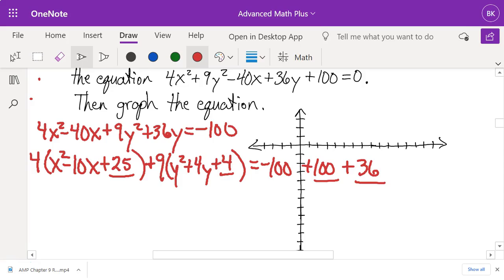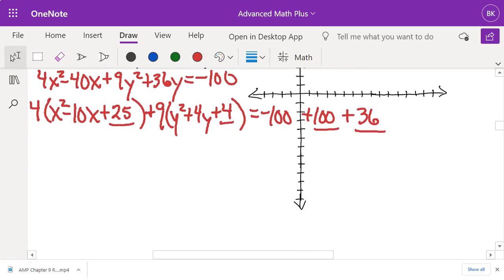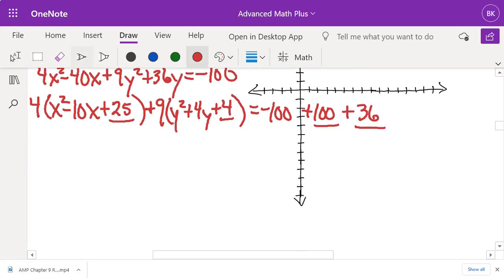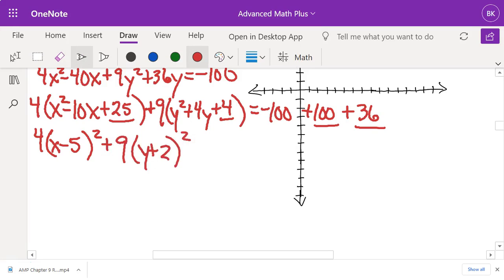We're almost getting close to being done. So now we can write this as 4 times (x minus 5) squared plus 9 times (y plus 2) squared equals 36. Now, last step. What do ellipses always equal? 1.